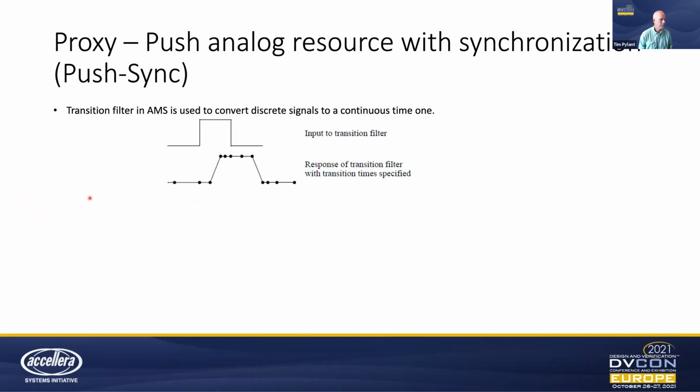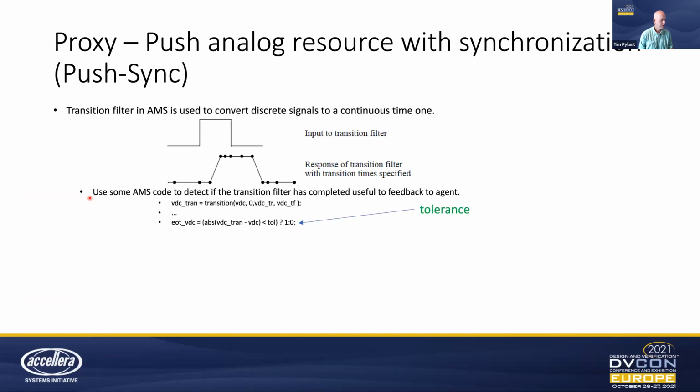So on the push-pull, how does the synchronization work? In this case, we have some AMS code. This discrete value is being passed in there, and this analog value is being triggered.